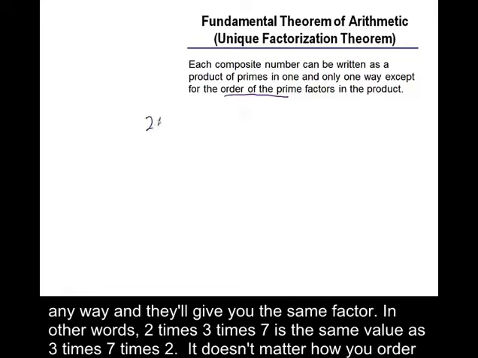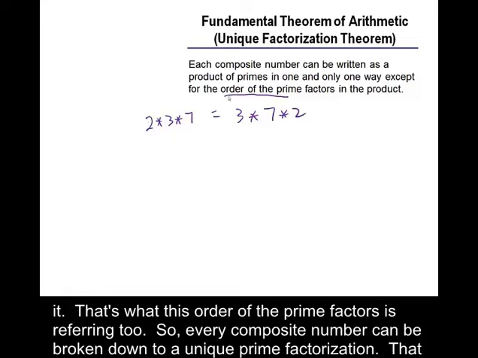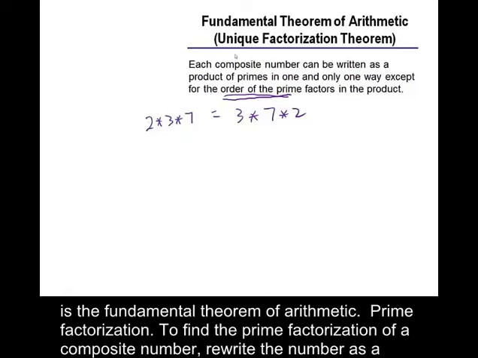In other words, 2 times 3 times 7 is the same value as 3 times 7 times 2. It doesn't matter how you order it. That's what this order of the prime factors is referring to. So every composite number can be broken down to a unique prime factorization. That is the fundamental theorem of arithmetic.